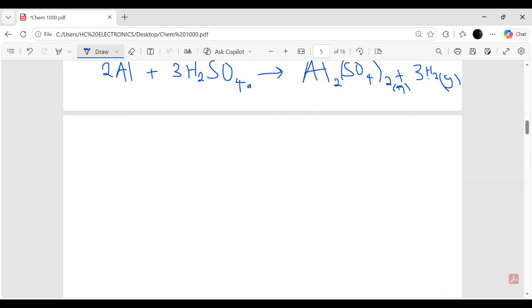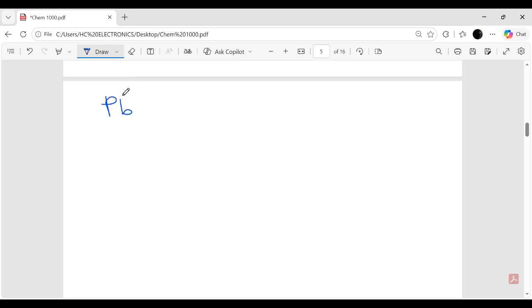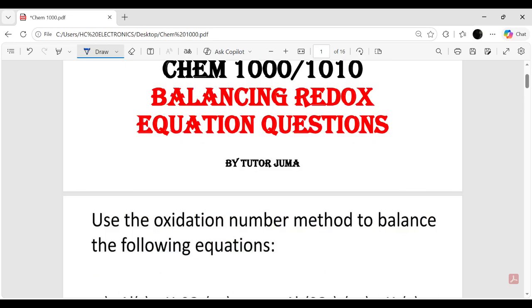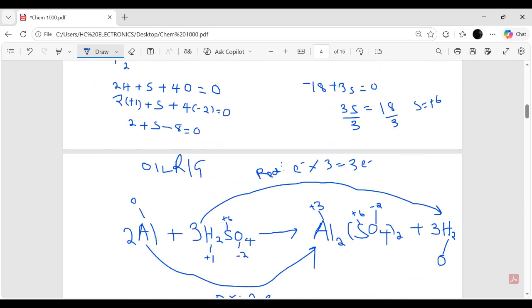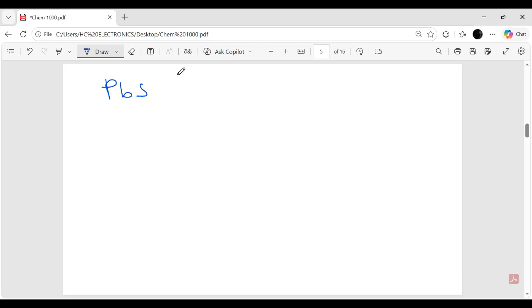Okay, so if we are to solve this, it's going to be PbS, which is lead sulfide. Okay, so PbS plus oxygen gas, let me write it in the middle.